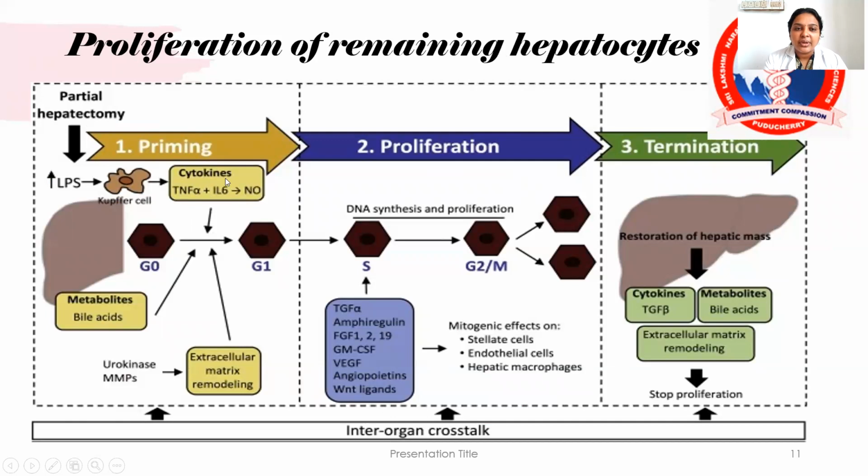Cytokines like TNF alpha and interleukin 6, which are produced by the Kupffer cells, will prime the remaining hepatocytes, so that they will be further activated by the growth factors in the proliferation phase, and it leads to replication of the hepatocytes. Once the hepatocytes have been replicated, the other stable cells like stellate cells and endothelial cells will undergo replication.